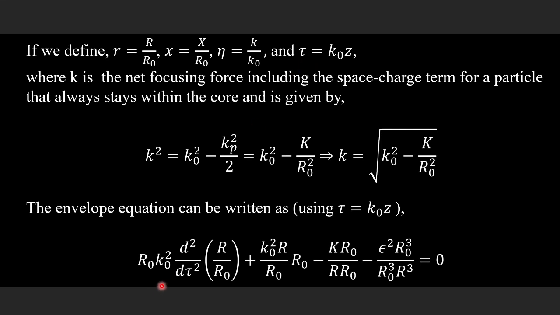So that's why we get k naught square here, plus k naught square r that was already there, and we have r naught here just to get small r, minus again k over r was there, we have r naught here again to get small r, minus epsilon square over r cube was there, and we have r naught cube again to get small r cube.